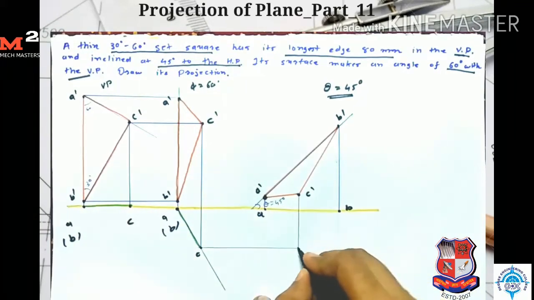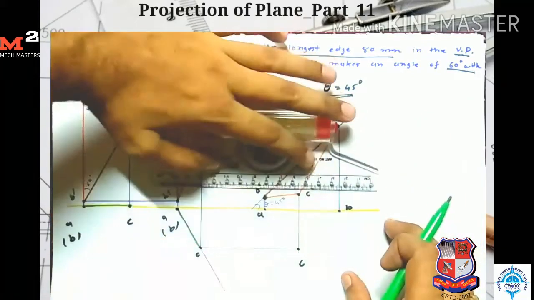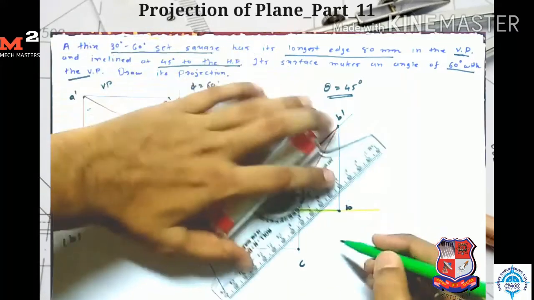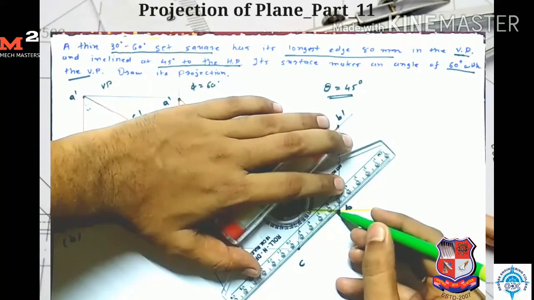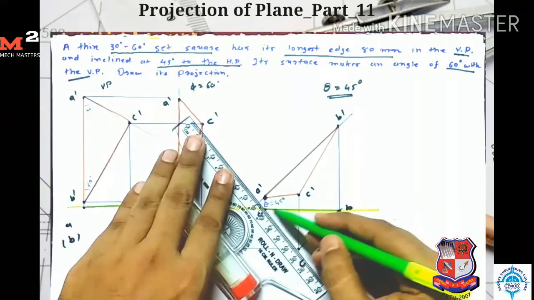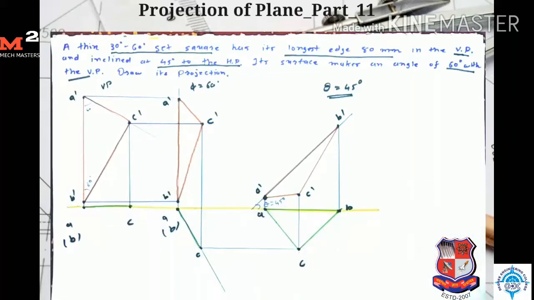So here I get my point C. Now I simply connect these three points. In this way I complete the top view for the third stage, and in this way I draw all three stages of this problem.